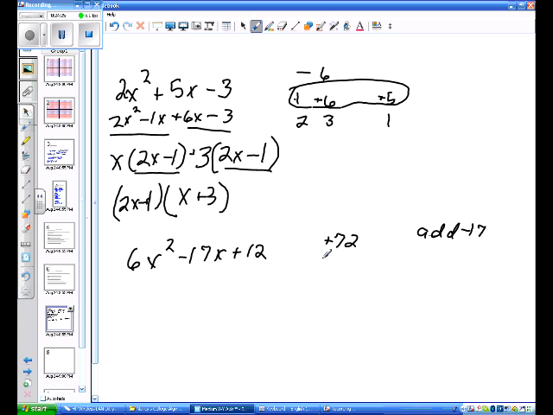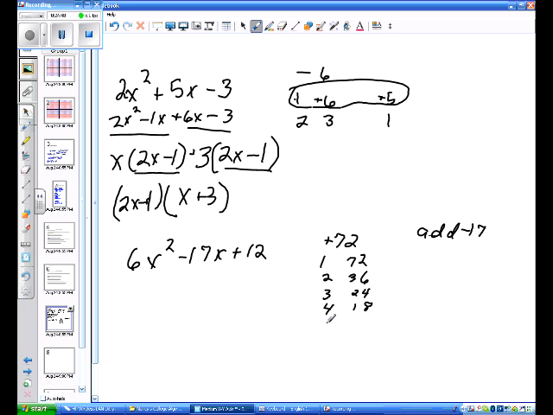If you see them right off, it's okay. If not, you go through and you list factors of 72: 1 and 72, 2 and 36, 3 and 24, 4 and 18.